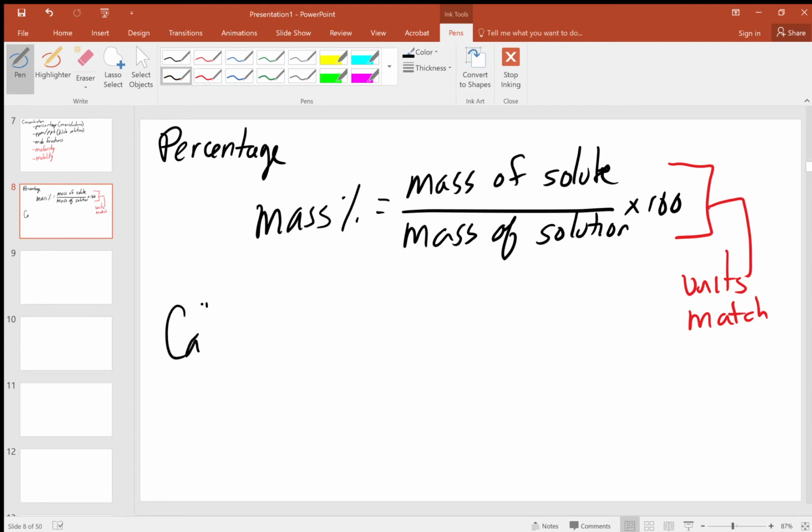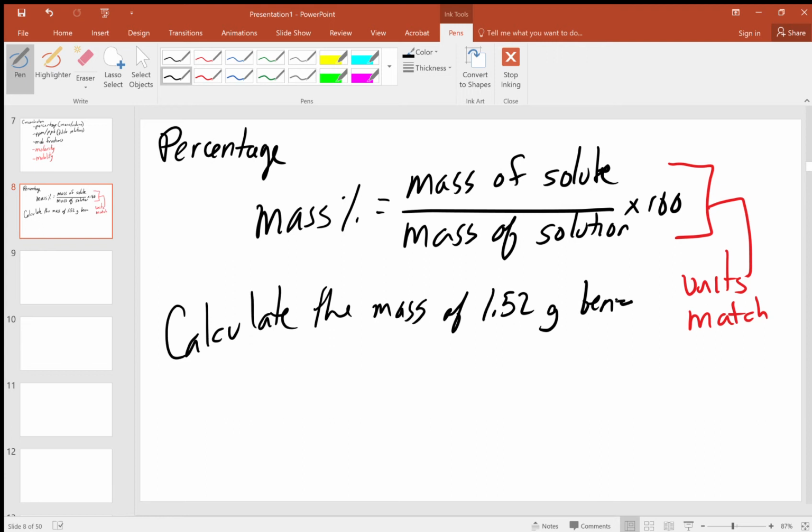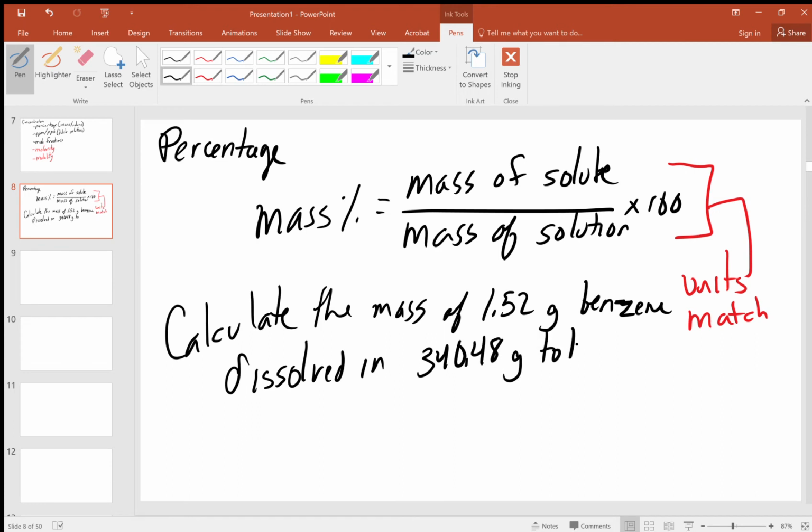So we could ask, calculate the mass percent of 1.52 grams of benzene dissolved in 340.48 grams of toluene. So the mass percent here would be the mass of the solute, which is the benzene.